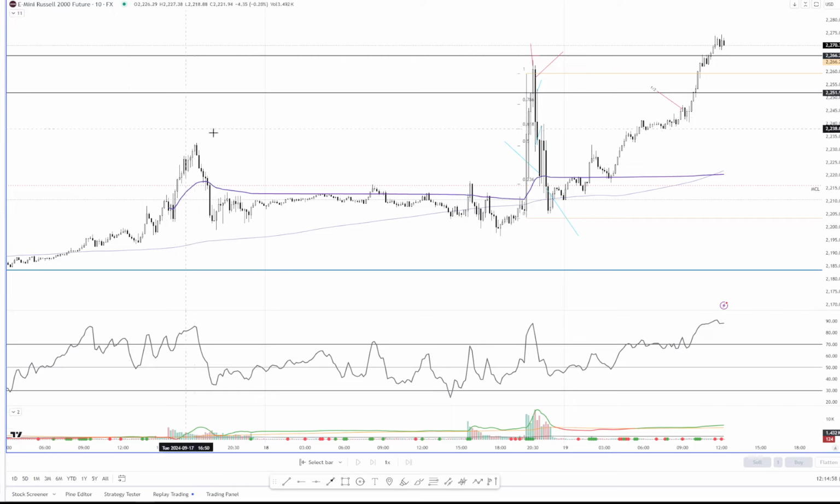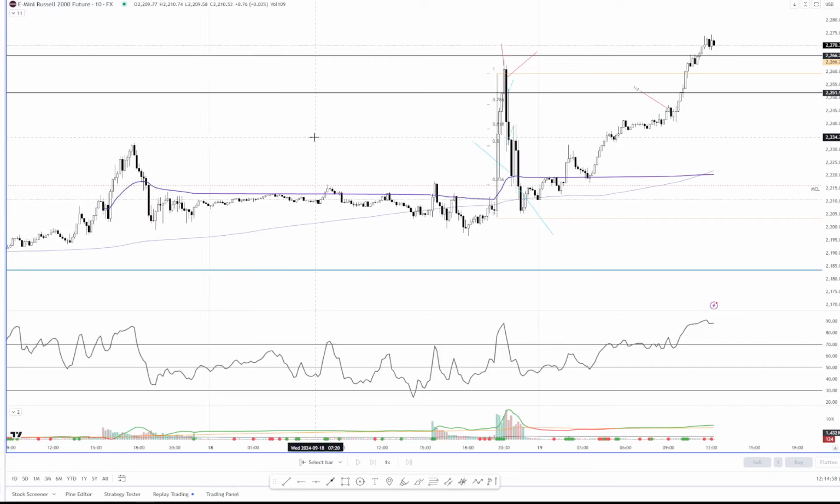Where am I? So yeah, that's what I sold here actually, as it came below that. And I also think that's a pretty clear level here. So I actually sold before it came down all the way to range. I could have sold better, but probably I would have sold here instead when it came up.